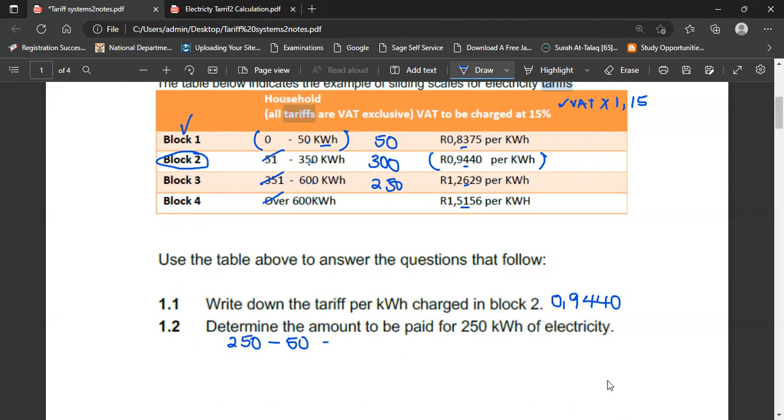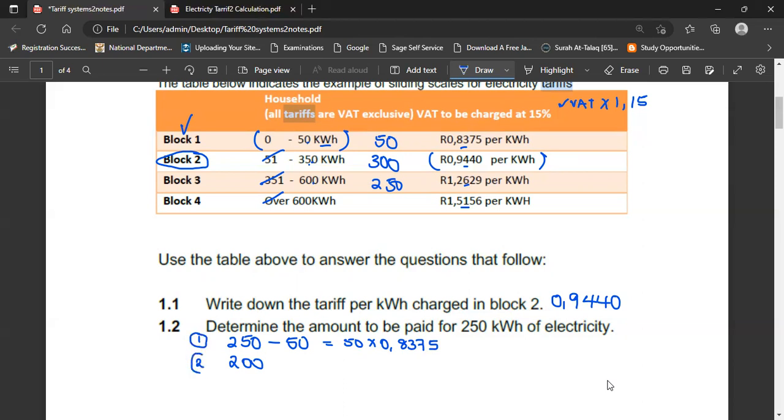So you take the 50 that belong to block number 1 and multiply by the amount per unit. When you subtract these two, you remain with 200. These are units, and this is the cost to be paid. Block 1 needs 50 units.